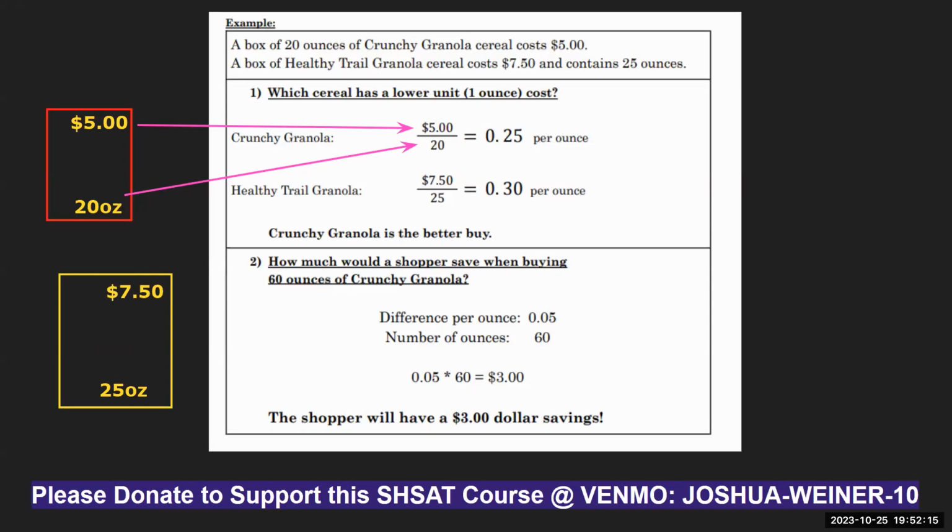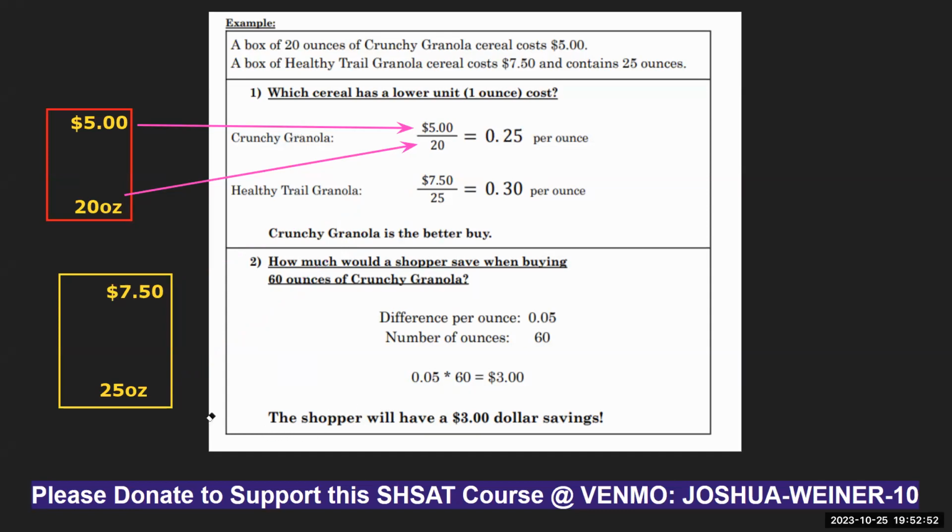You create the fraction and put the price as the numerator and the amount of units that you're getting as the denominator. 750 divided by 25 is 30 cents per ounce. So Healthy Trail granola is more expensive by 5 cents. And we would say crunchy granola is the better buy if you're a shopper, right? Because you're only paying 25 cents per ounce.